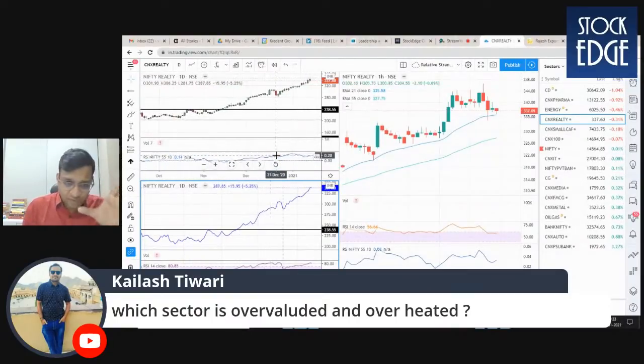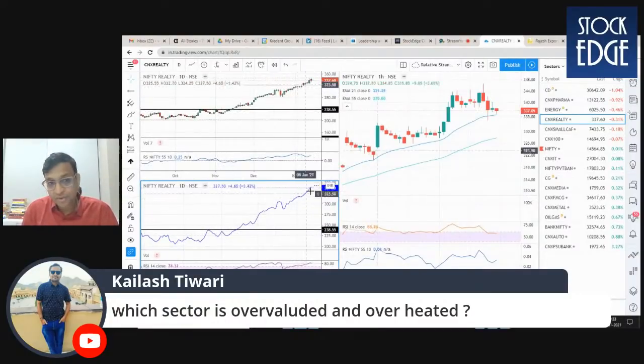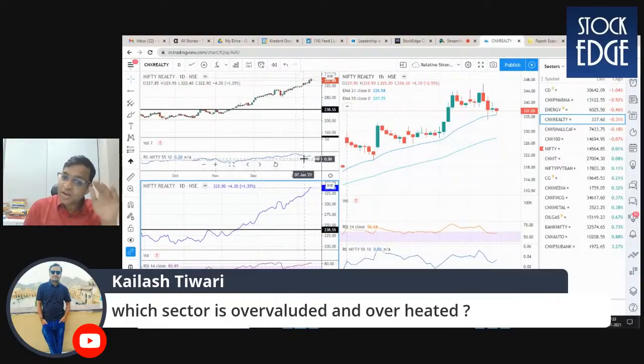So as long as Nifty is performing, I don't see realty in a hurry to correct. Although the standalone graph looks like it has performed so well, relative to Nifty I still see that it has not gone to an obnoxious level.